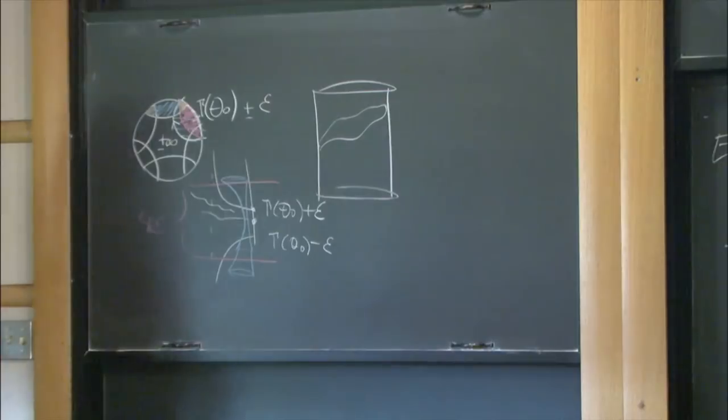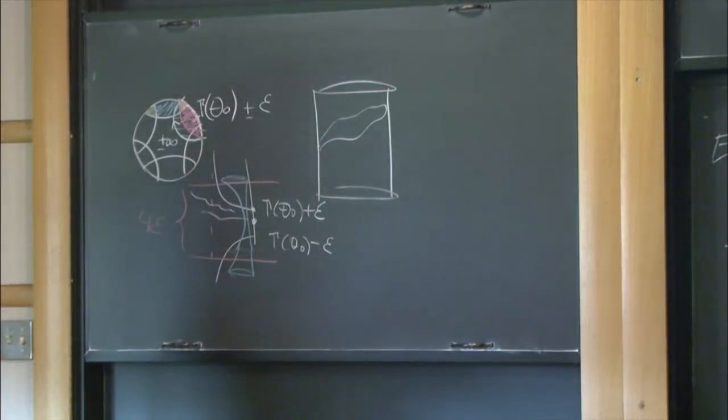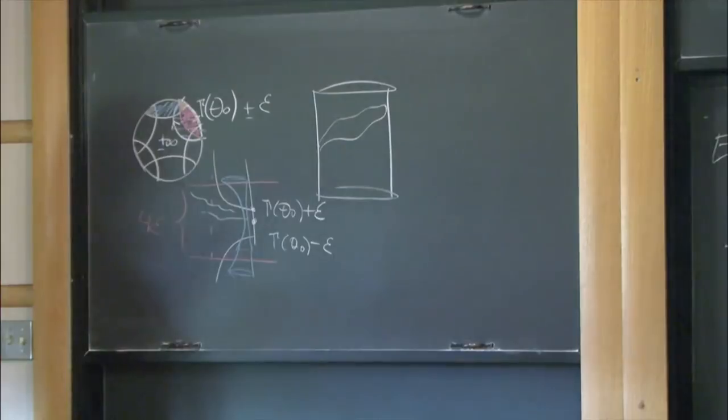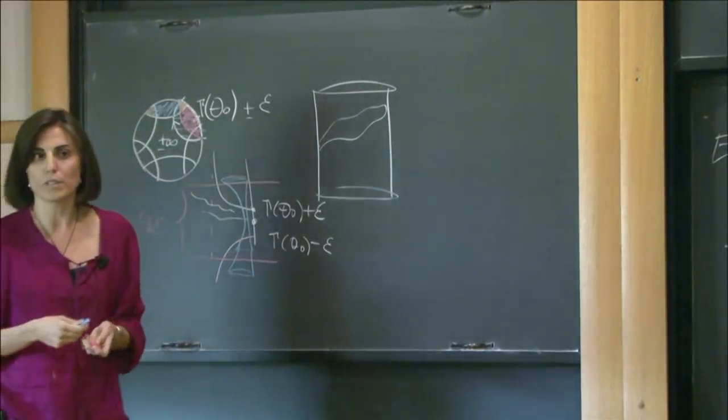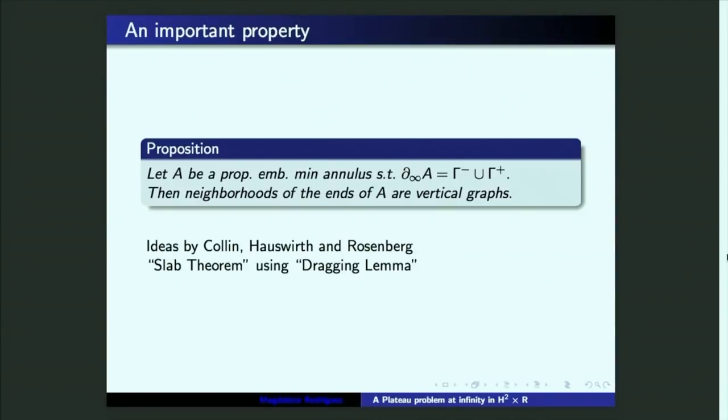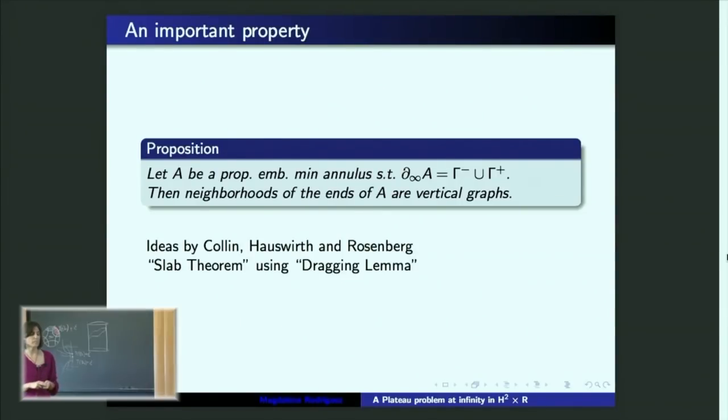So considering vertical and horizontal translations, you can go with your compact annulus all around a neighborhood of the end. Then we can follow their ideas to prove that it's a graph. They use what they call the dragging lemma, inspired by ideas of Meeks and Yau, in that paper.